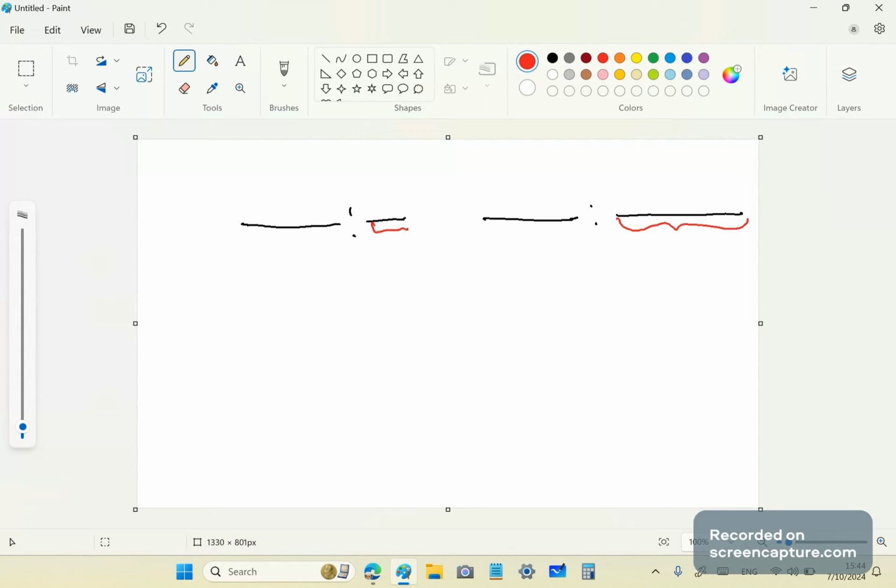Well, we can place this antecedent part here along here, and the consequent part, which is this part, along here, like that.